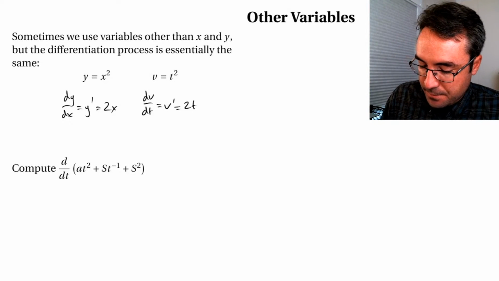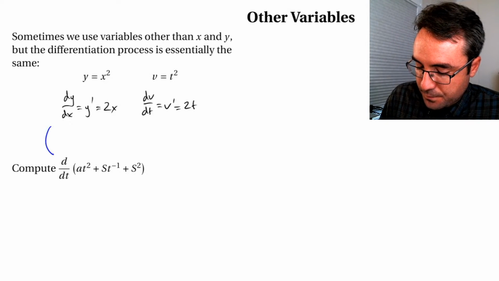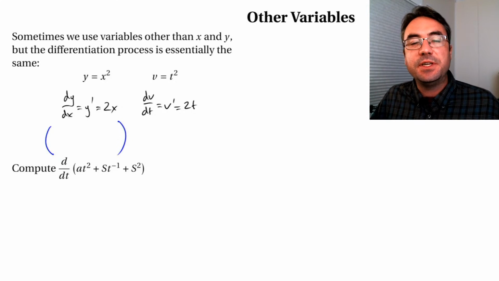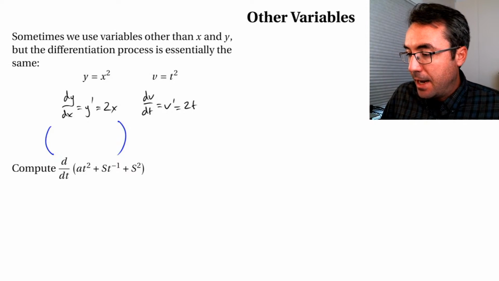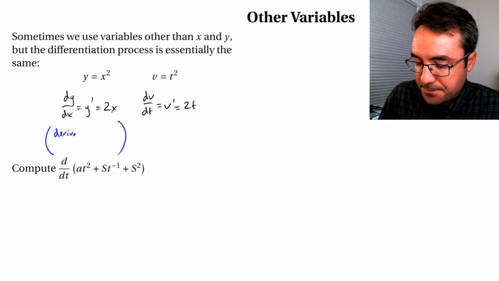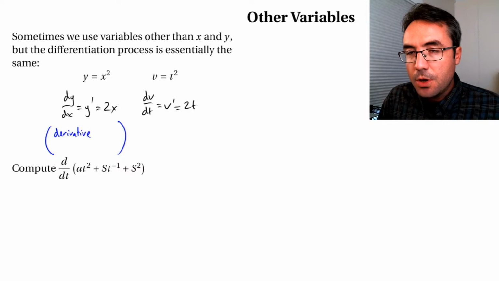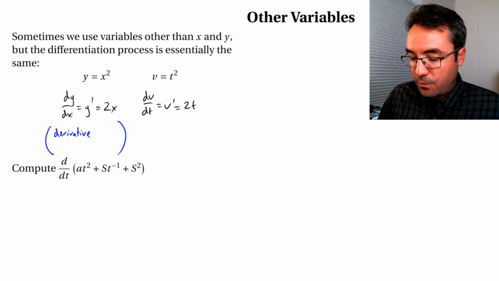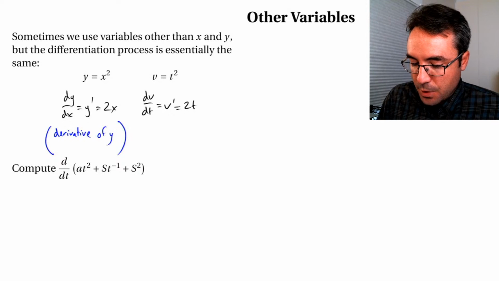So to keep track of what's happening with these different variables, a lot of times we'll say this. When we say dy dx, that's really saying the derivative of y with respect to x.